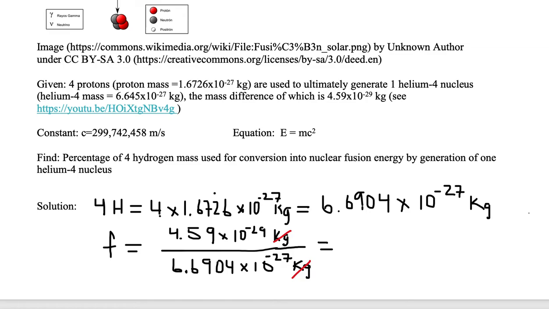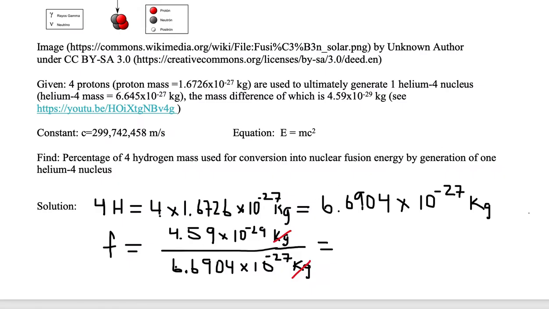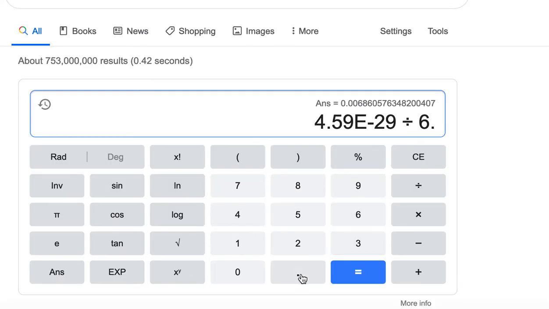Now we just need to calculate it out. 4.59 e minus 29. We want to divide that by 6.6904 e minus 27.